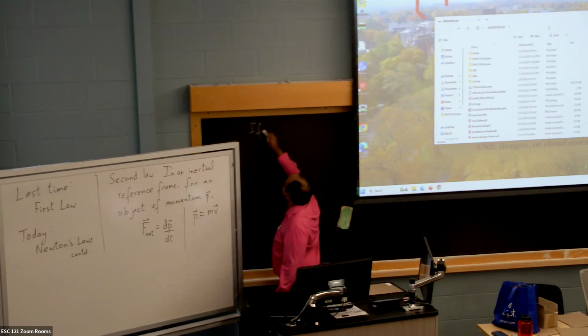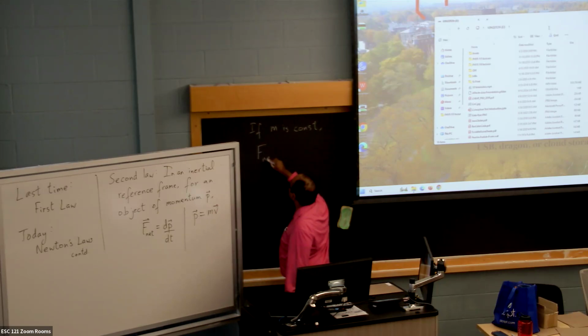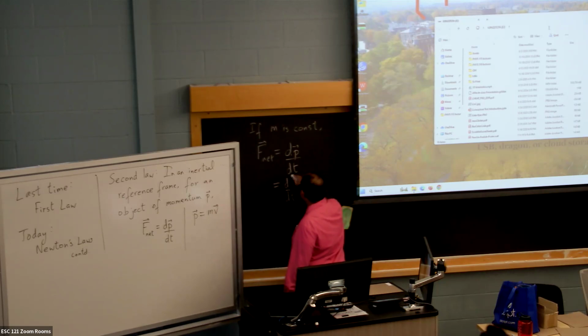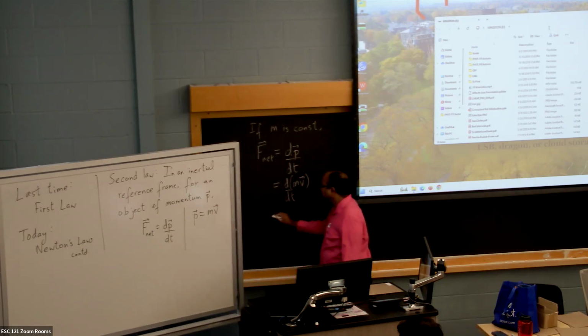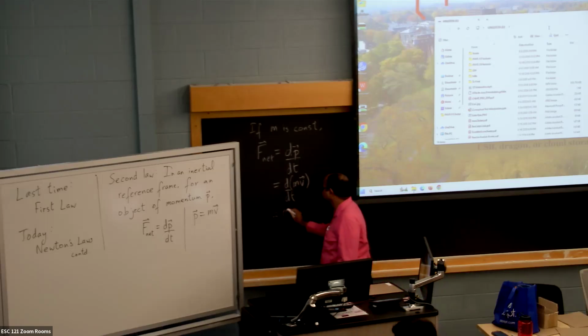So if m is constant, then what can we say? We can say F net is rate of change of momentum. Momentum is a vector. I can plug in the definition of momentum, and if the mass is constant, I can pull the mass out.